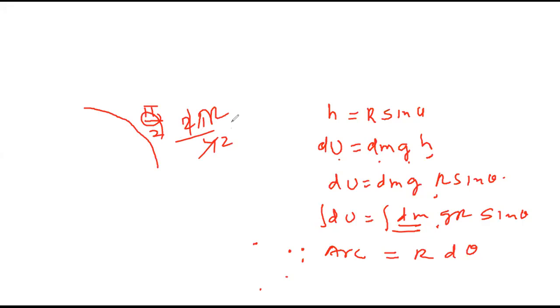Can I remove everything from the screen here? Yes, sir. Since pi r upon 2 corresponds to mass m of the chain, this line I think is clear.